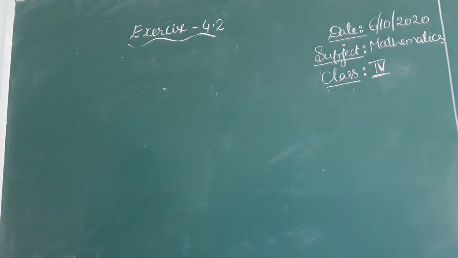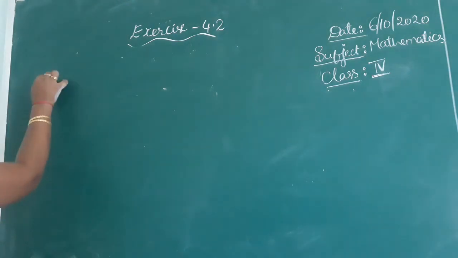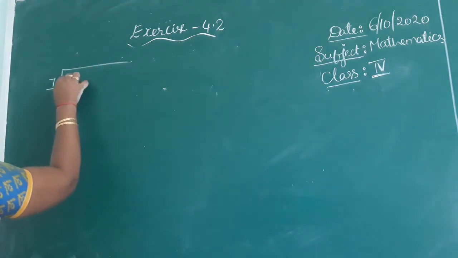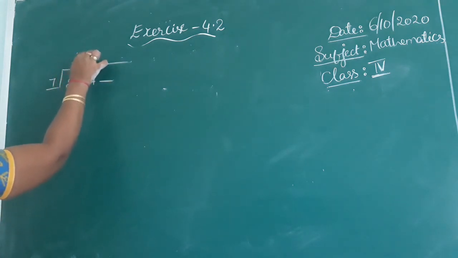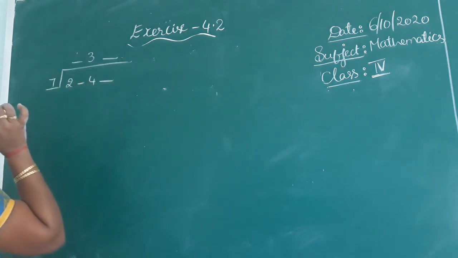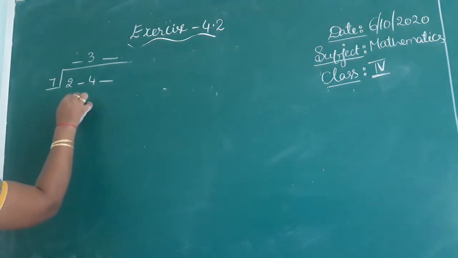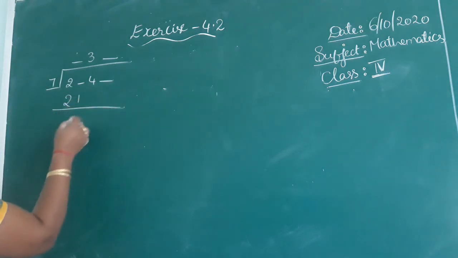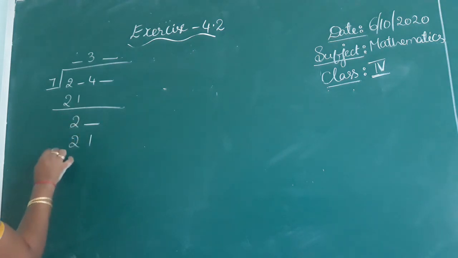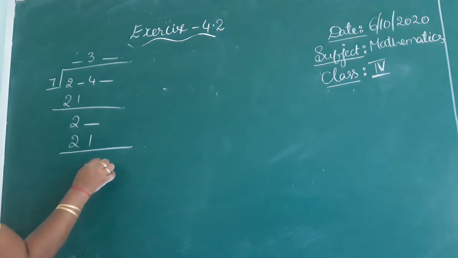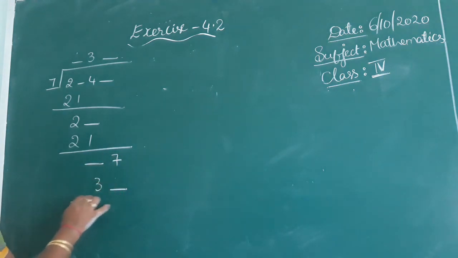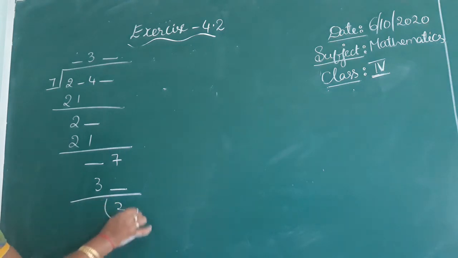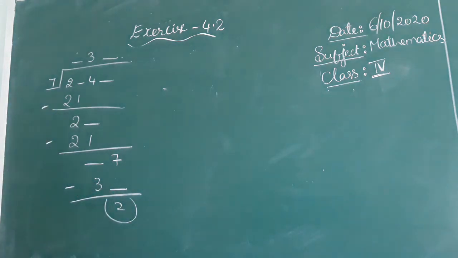Okay, see that: 7 divides 2 blank, 4 blank, blank, 3 blank 2, 1. This is the question they gave for us.